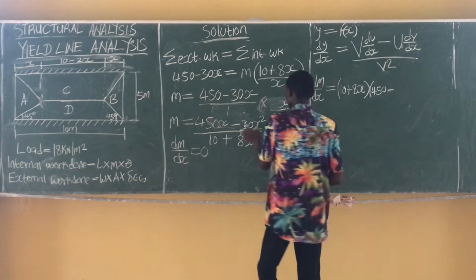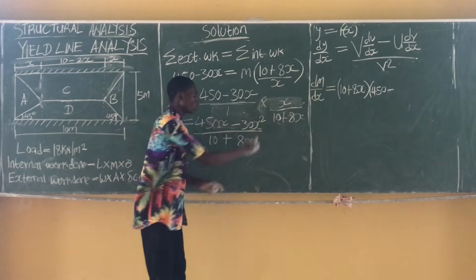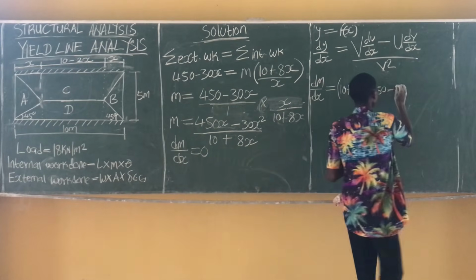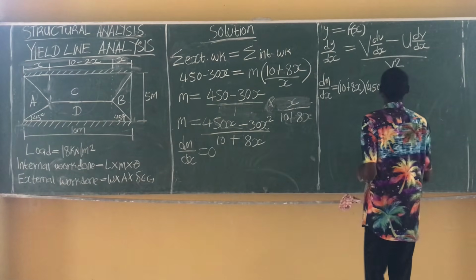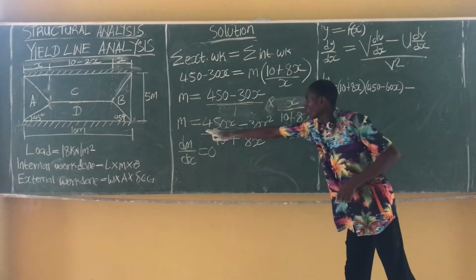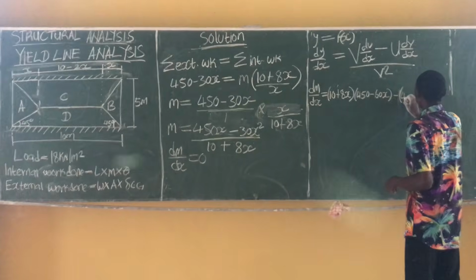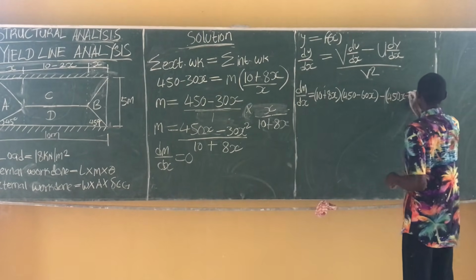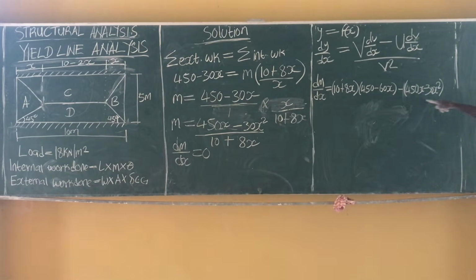Minus, if we differentiate 30x squared, it's 2 multiplied by 30, remove 1 from the power, so 2 times 30 is 60, so 60x. Minus, what is our u? Our numerator, which is 450x minus 30x squared.